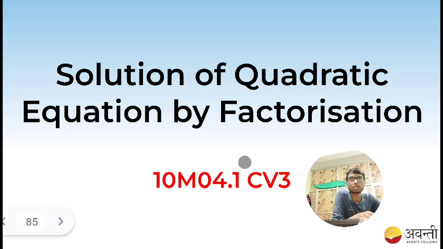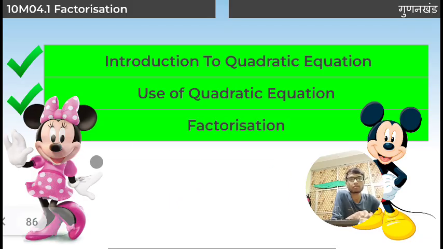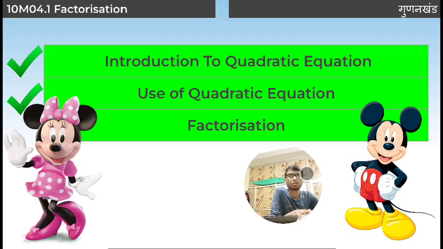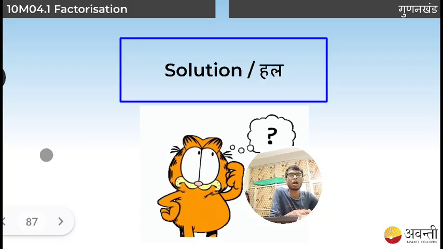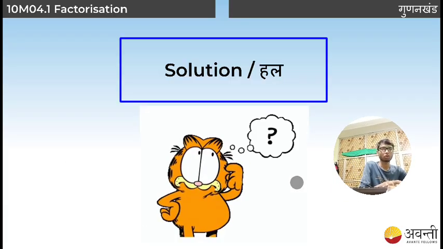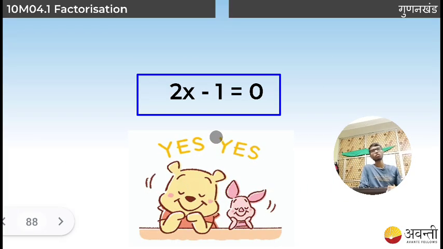Factorization. Let's see factorization. Solution: 2x minus 1 is giving us how much? 0. Yes, this is a solution, because it is giving 0.